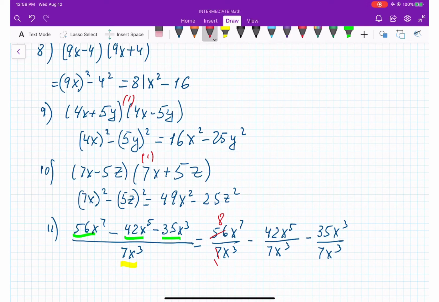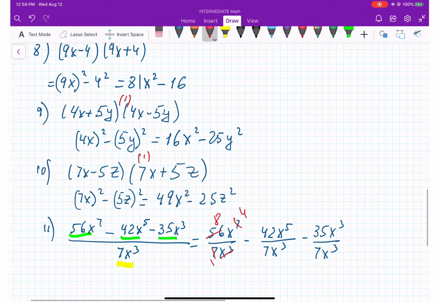So x to 7 divided by x to 3. x to 3 is gone, and 7 minus 3, this one is going to be 4 because we subtract exponents, okay, when we do division. Next, 42 over 7. 7 is 1, 42 is 6. Now x to 5 divided by x to 3. x to 3 is completely gone, but from 5 will be left only 2.